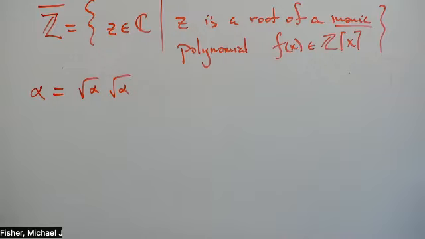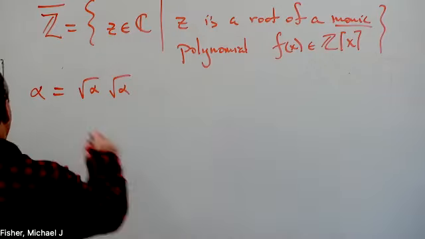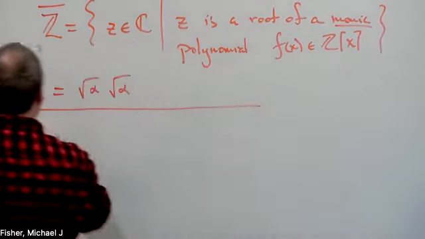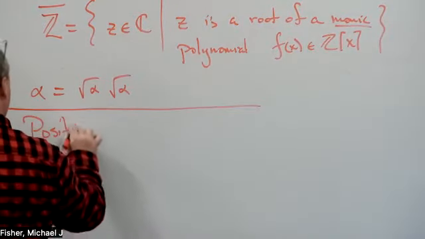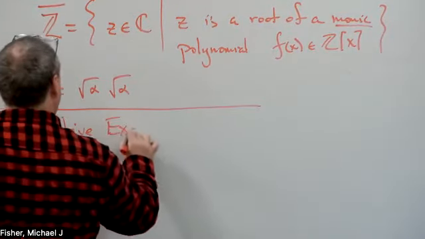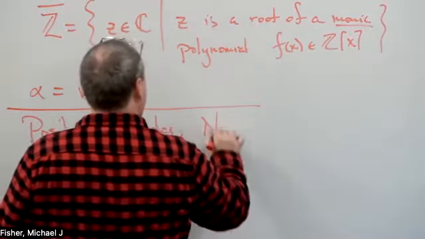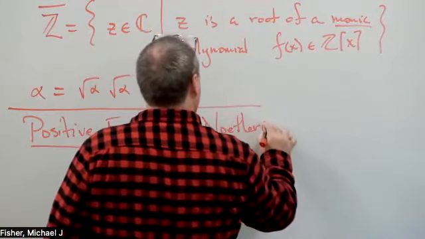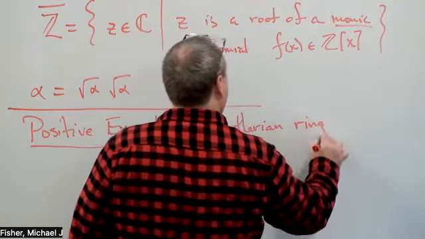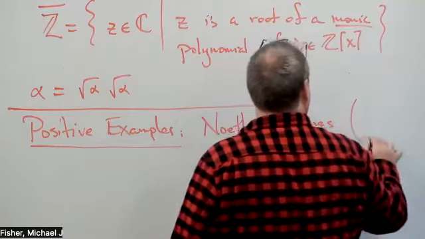Okay. So those are negative examples. Positive examples. Noetherian rings. I should say domains here.